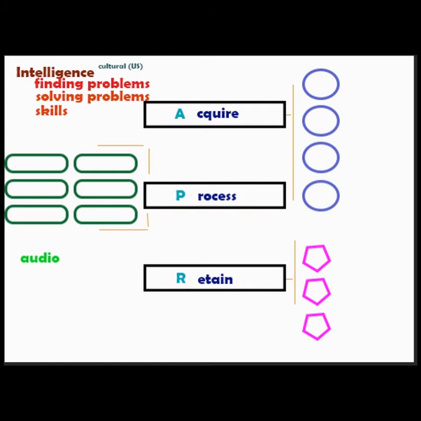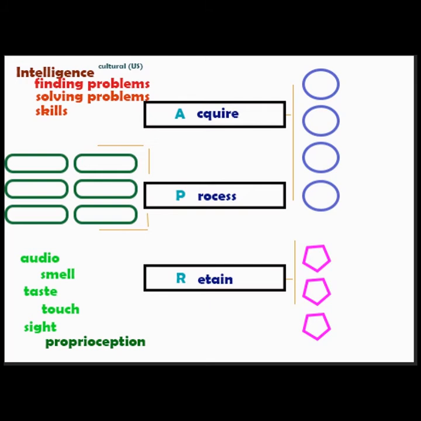When we acquire information, we acquire it by hearing, audio, smell, taste, touch, sight, and our body awareness of proprioception. When we process information, we've acquired that information, we're sending it to our intelligence. That means we have to be retaining it now.